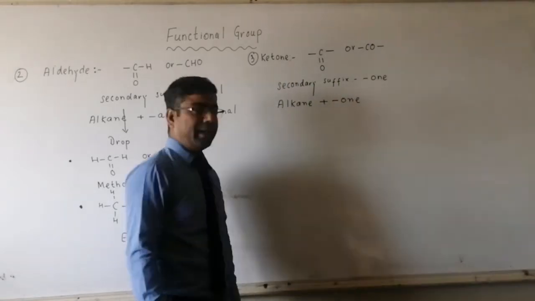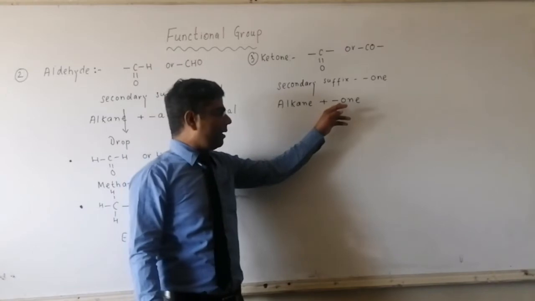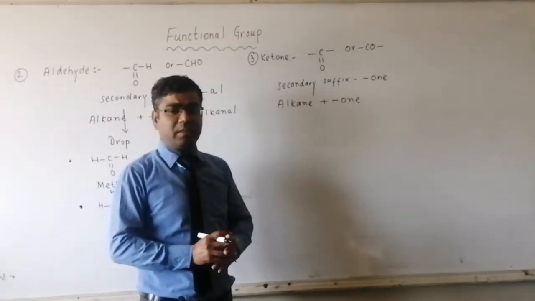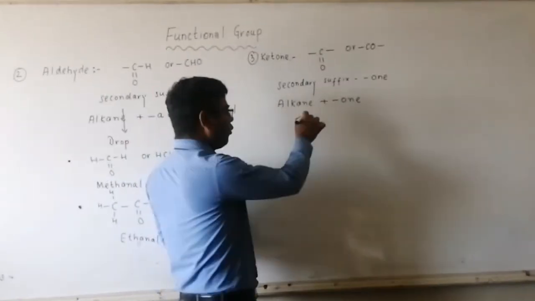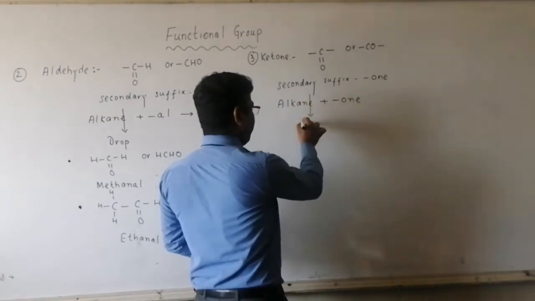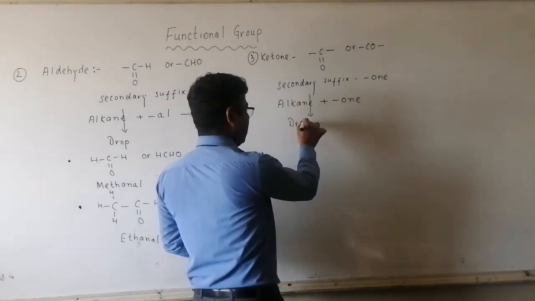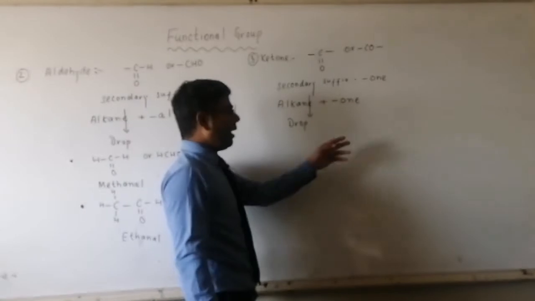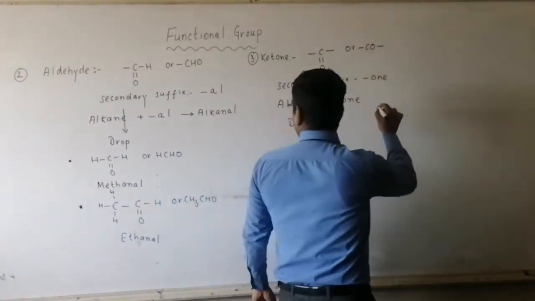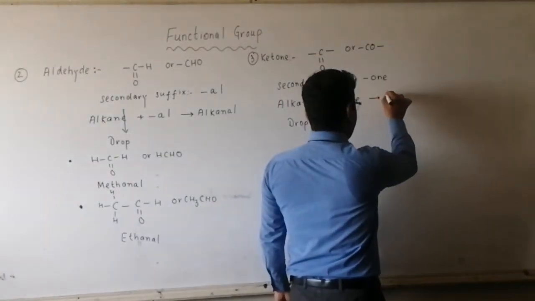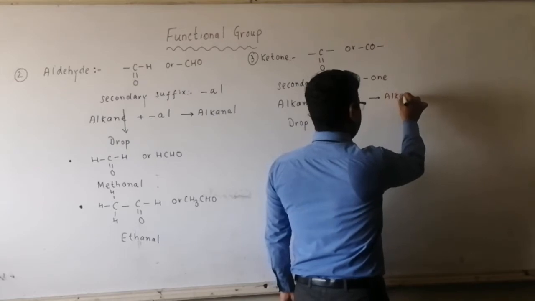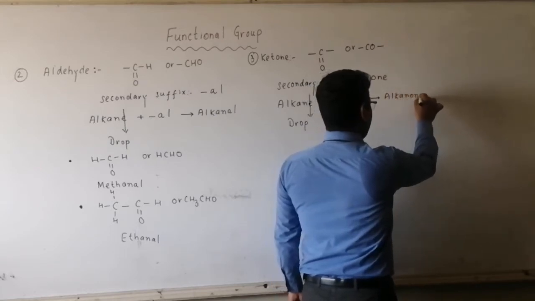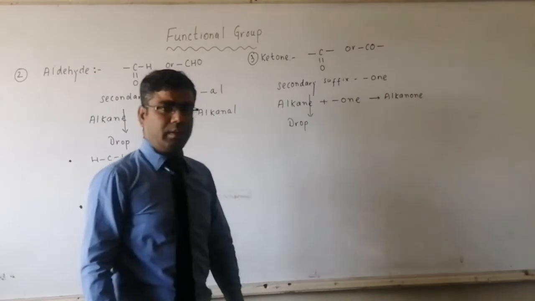Again, the rule is applied: as the starting letter of the secondary suffix is a vowel, we have to drop the E from alkane and then add -one to alkane. It gives you alkanone as the IUPAC nomenclature of ketone.